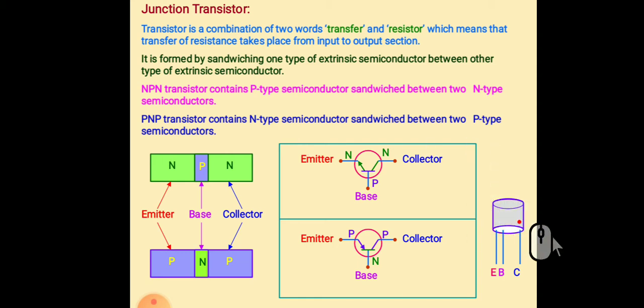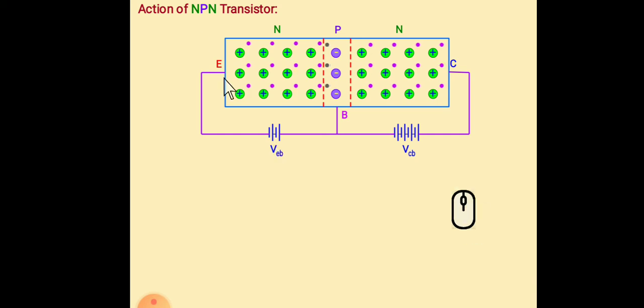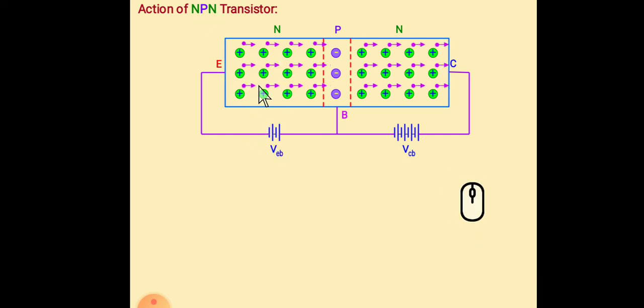So this is actually the real transistor. This is emitter, base, and this one is collector. You can see the pointer is at the collector. So in case of NPN transistor, always we have to remember that emitter base terminal is always forward bias. That means base is connected to positive terminal and emitter is connected to negative terminal. Similarly, collector base is always reverse bias.